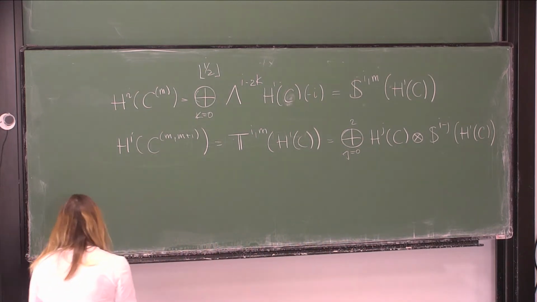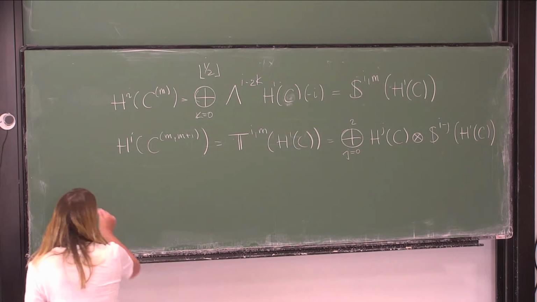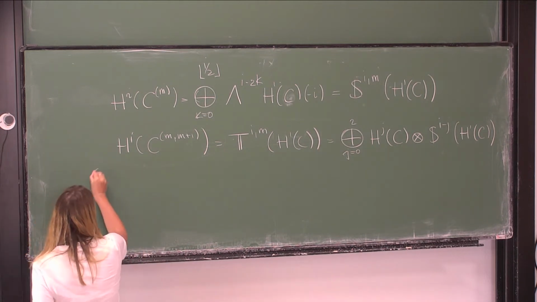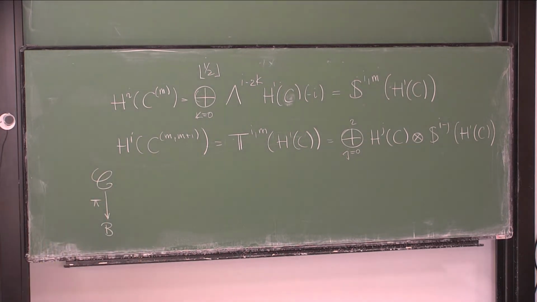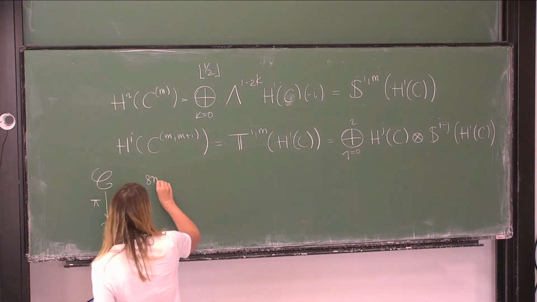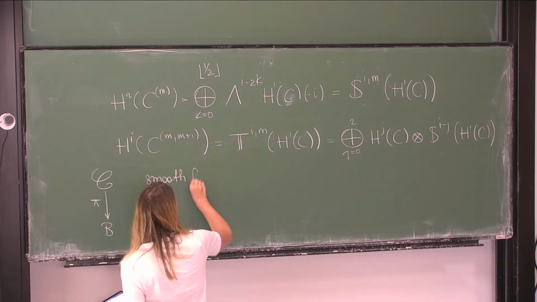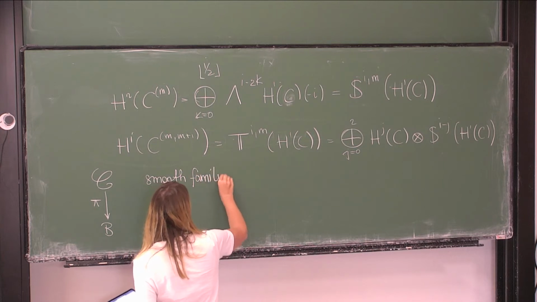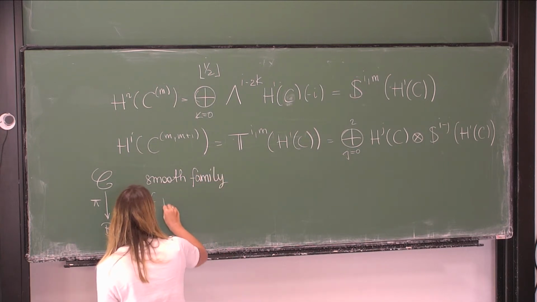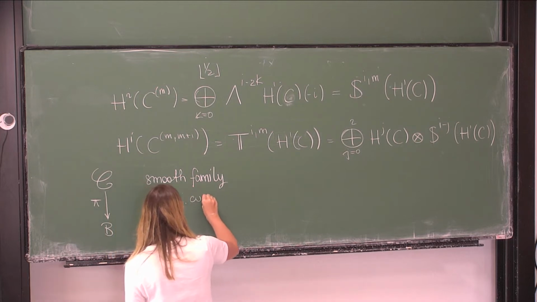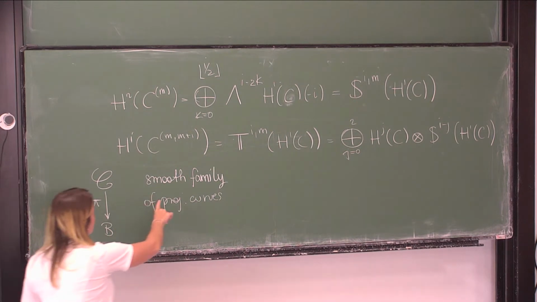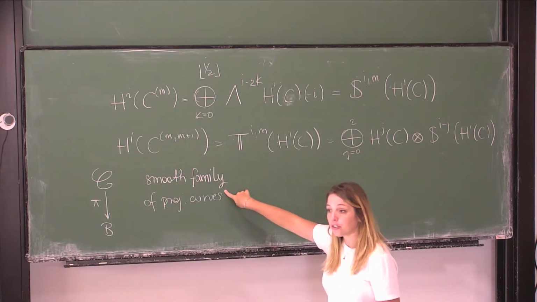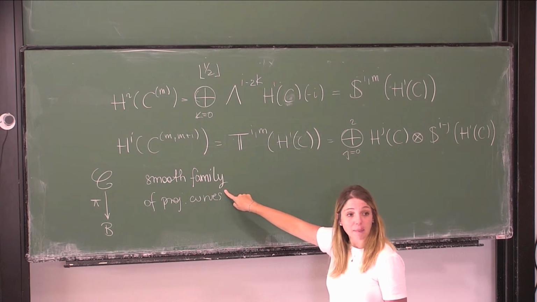Of course, we can do this in family. What I mean is that I can consider a smooth family of projective curves over a base B. As we know, this is a proper holomorphic fibration, so in particular it will satisfy the Ehresmann lemma, and we will have that all the fibers are diffeomorphic to each other.